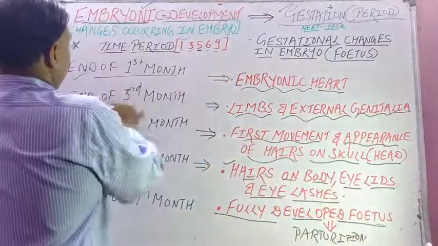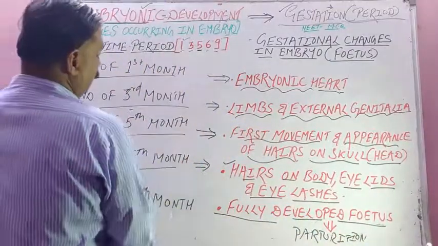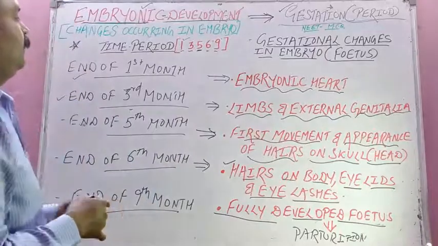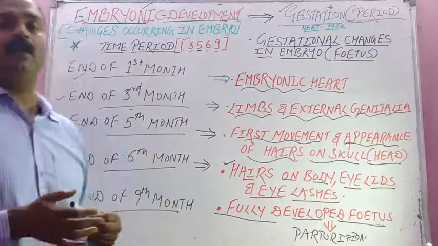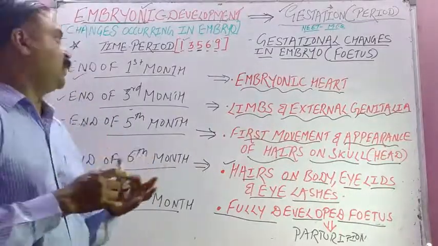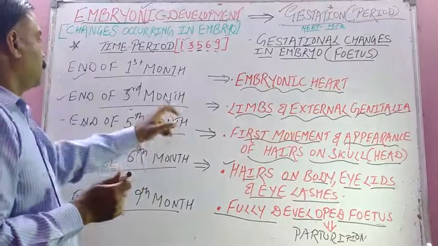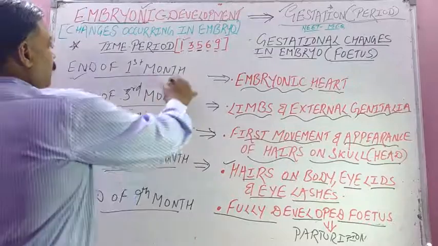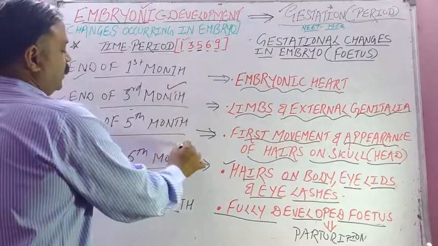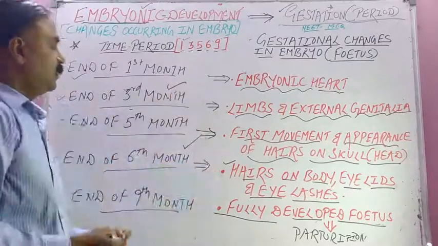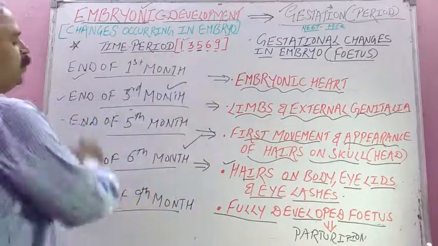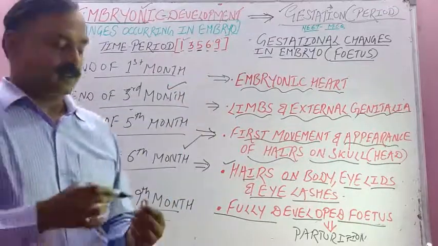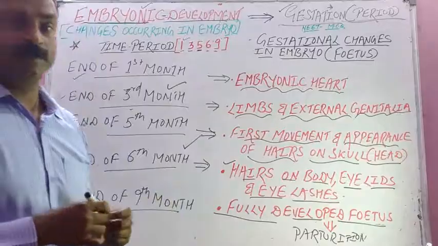So anyone can be asked in MCQ type, and it is very important for your NEET medical or BSc nursing entrance examination. Third month means trimester. First trimester means your third month and second trimester means your sixth month. And this month can be converted into weeks also in your competitive questions.